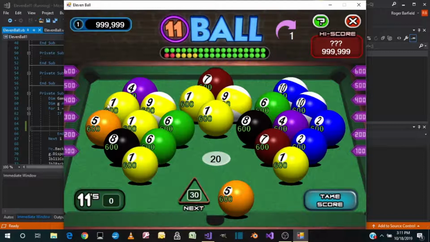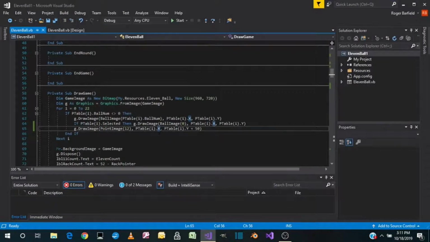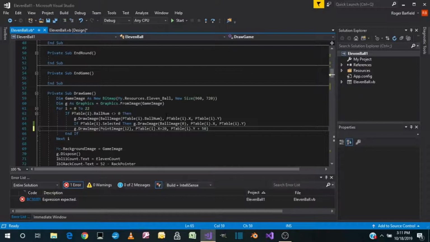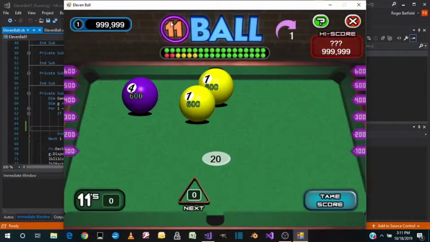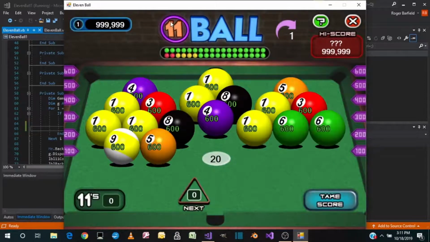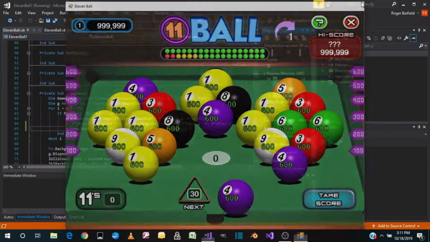All right, let's select it and see. Yeah, let's move the X in just a tad. Let's just go like plus 20. Let's just see here. I think that might be too much.